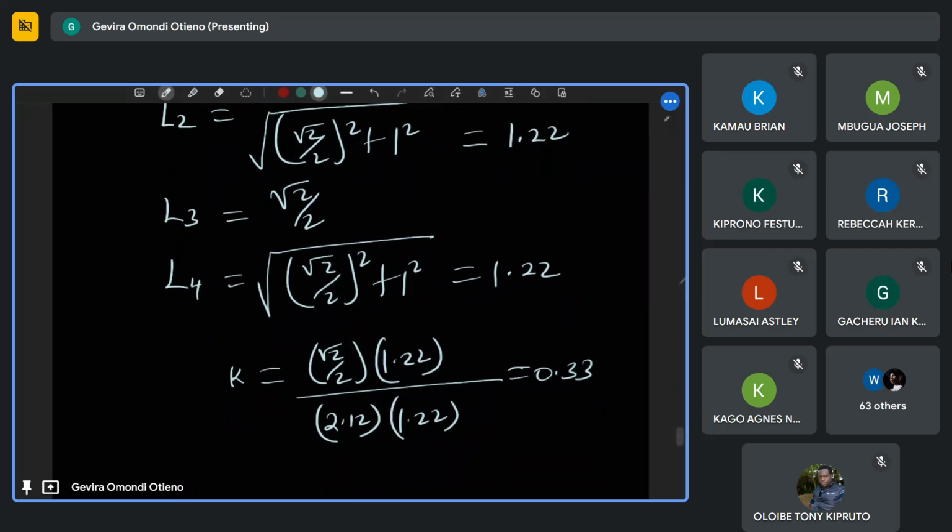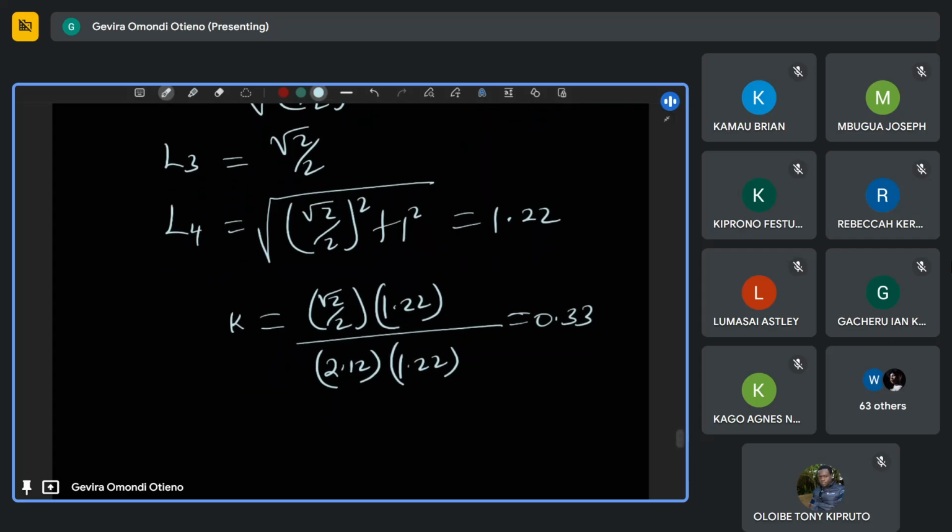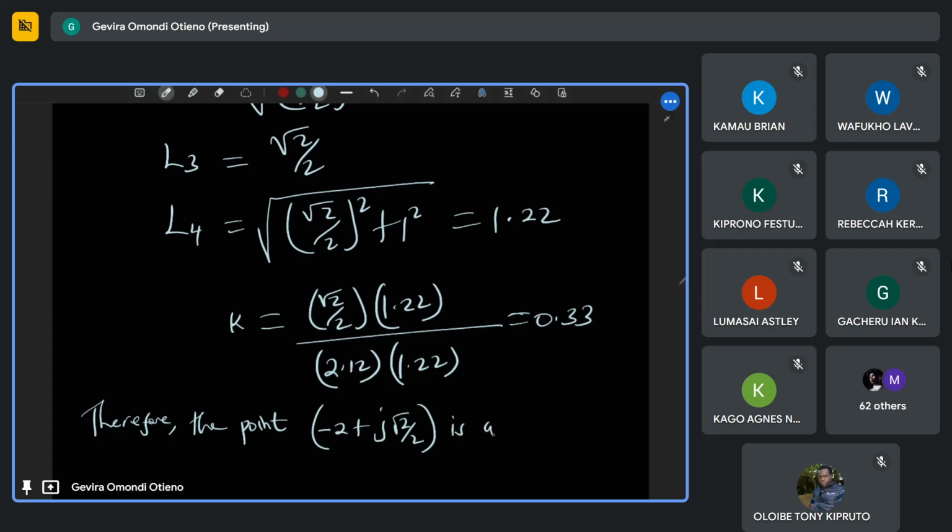So this is how you conclude the point. Therefore, the point minus 2 plus j root 2 over 2, okay, this point here is a point on the root locus.